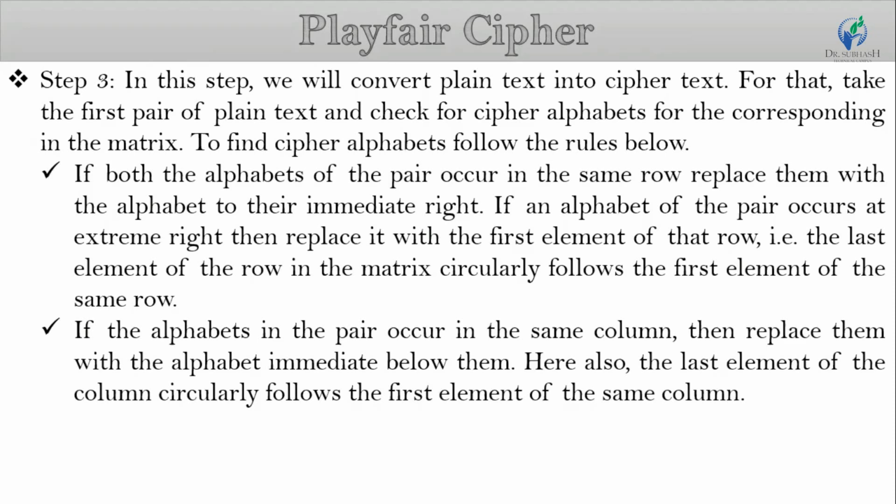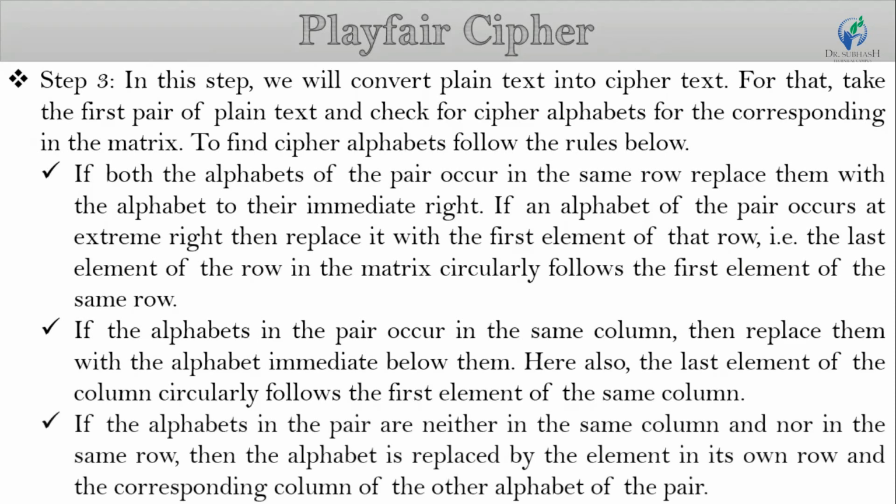And the third instruction is if the alphabets in the pair are neither in the same column nor in the same row, then each alphabet is replaced by the element in its own row and the corresponding column of the other alphabet of the pair.